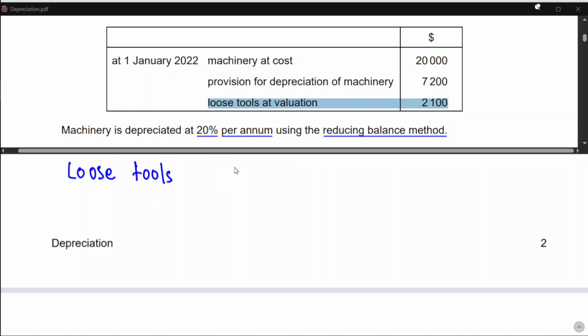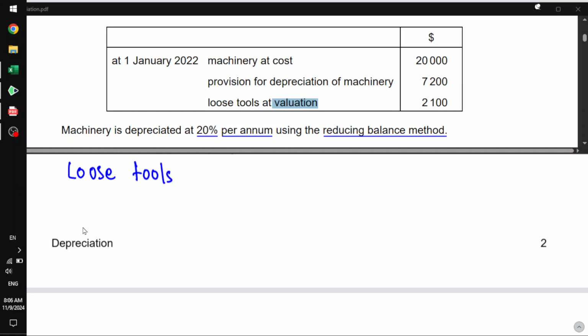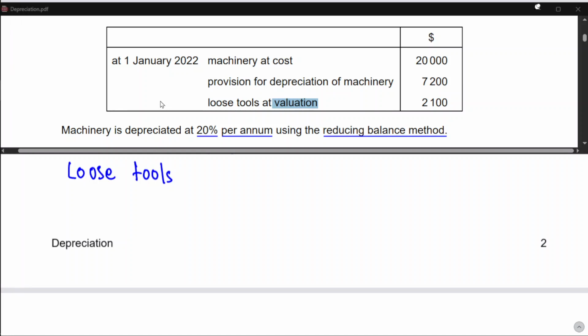So it said the valuation, right? So the format will be first the opening, then you add something, then you depreciate it, then you get the closing.